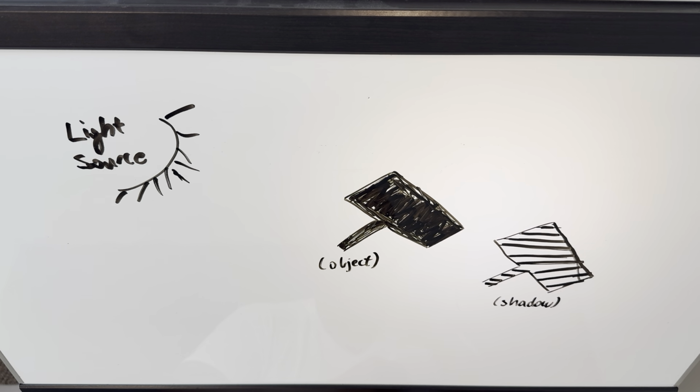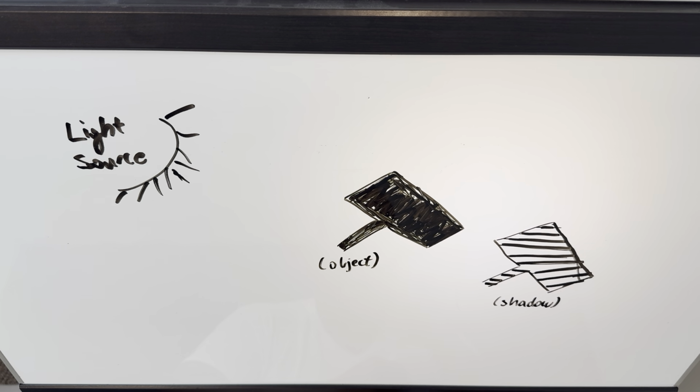I just refer to it as the hit shader, and then we have the shadow miss. So these are all our shaders: raygen, miss, closest hit, what I call hit, and the shadow miss.